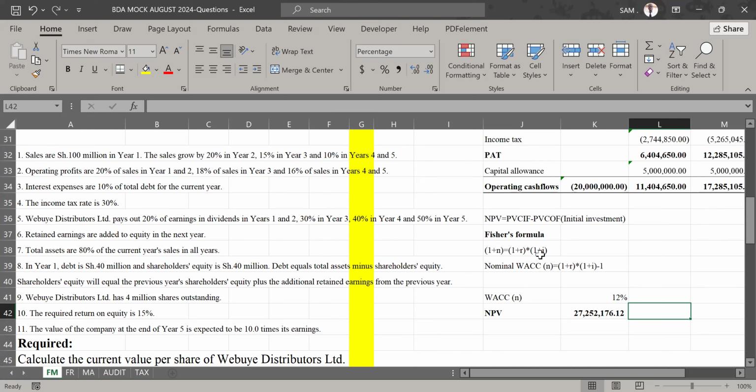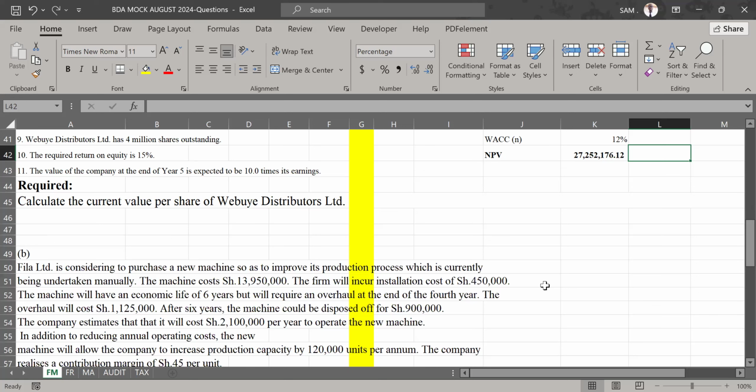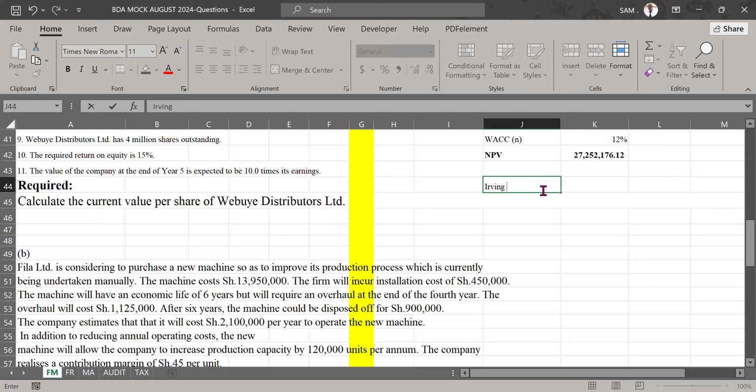This is just an equation which was brought forward by a scientist. Was he an American? I think it is Irving Fisher, the American economist.